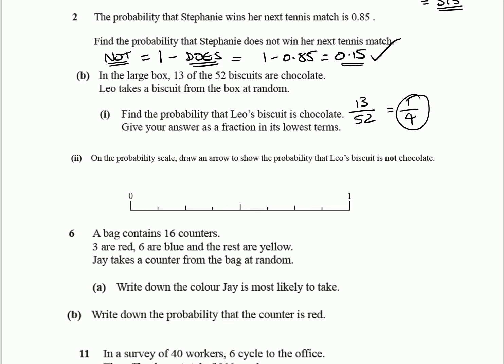So that's the probability of a chocolate biscuit, and now I want the probability the biscuit is not chocolate. Remember, this has got to be 1 minus 1/4, which is 3/4. This is 0 over here, this is 1. That's a half, so this over here will be the 3/4. So that's where I would draw my arrow, at 3/4.